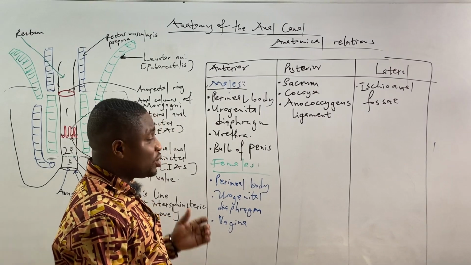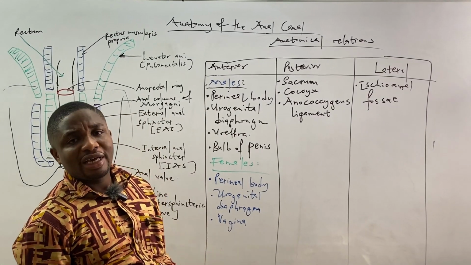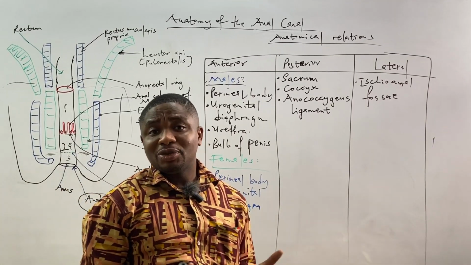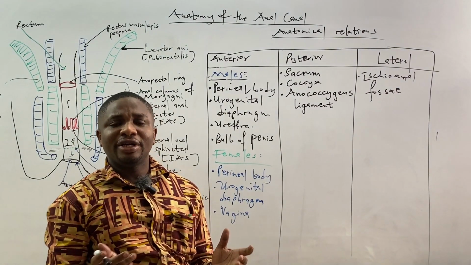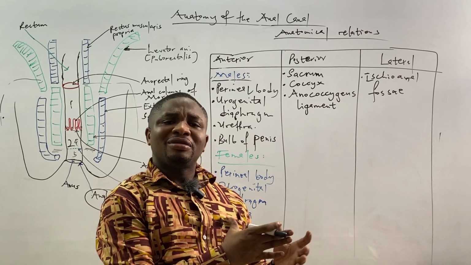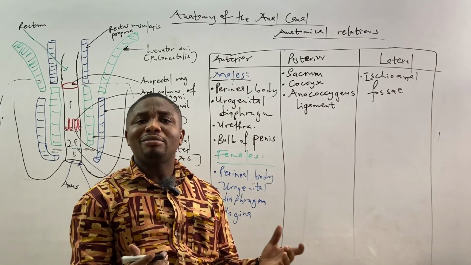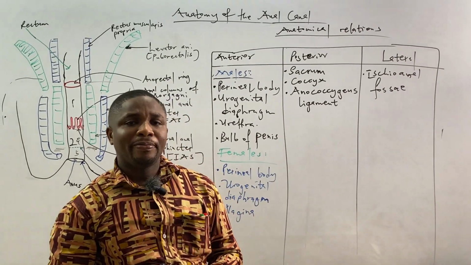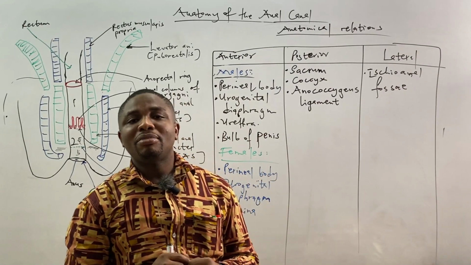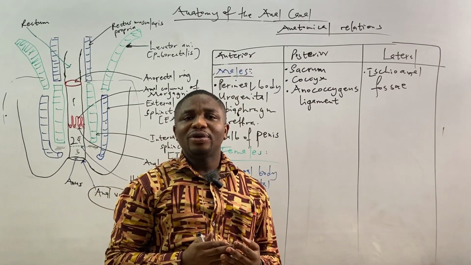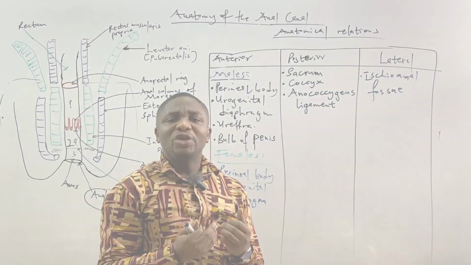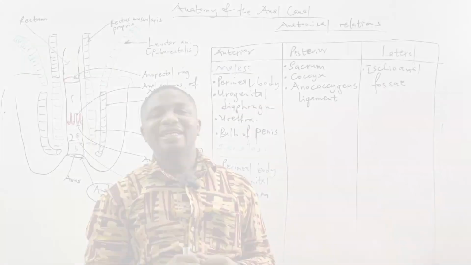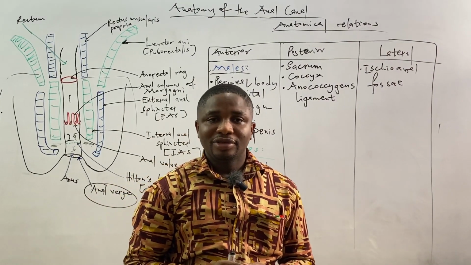Anteriorly, it's going to differ in males and females, unlike the rest, which are going to be the same. In the males, anteriorly, the anal canal has a relationship with the perineal body, the urogenital diaphragm, the urethra, and the bulb of the penis. But in the females, you have the perineal body, the urogenital diaphragm, and the vagina.